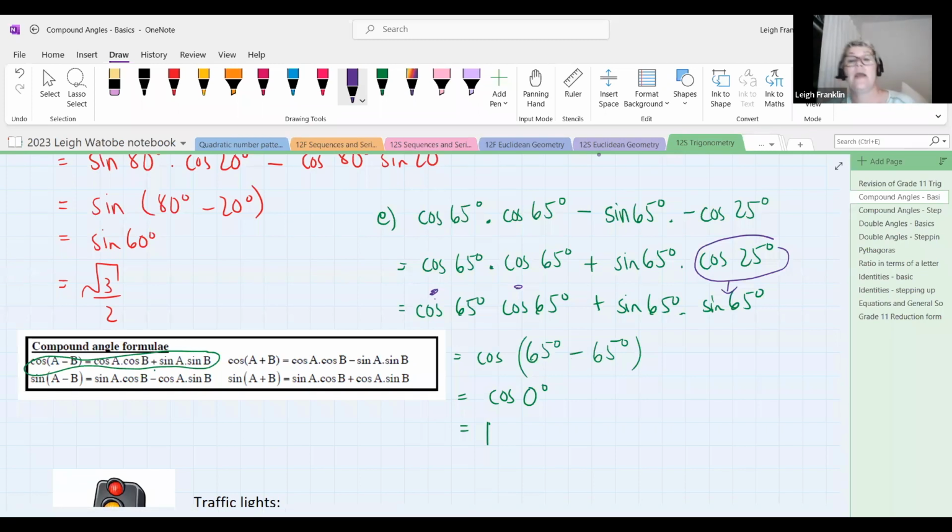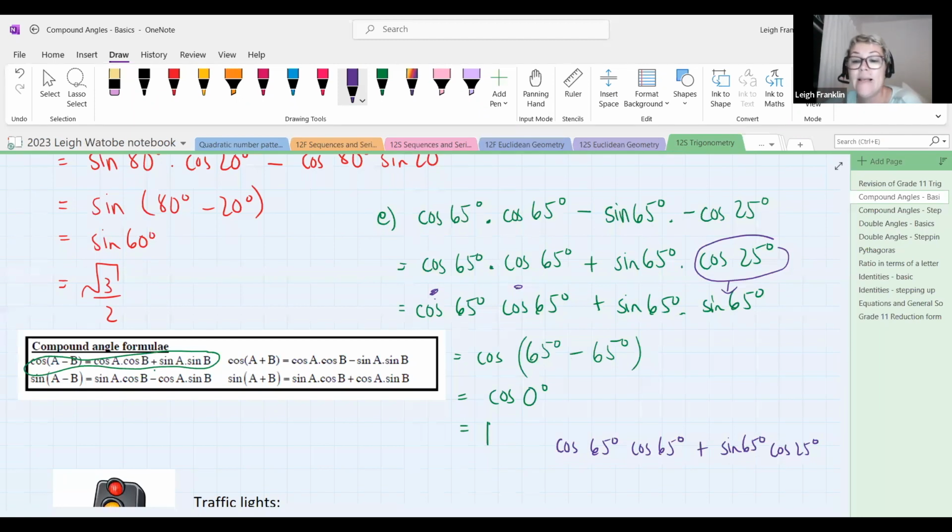Yes, absolutely. What you would need to do then is switch the terms around. So let's have a look at that very quickly for you. If you've got cos 65 plus sine 65, and then here you've got cos 25.